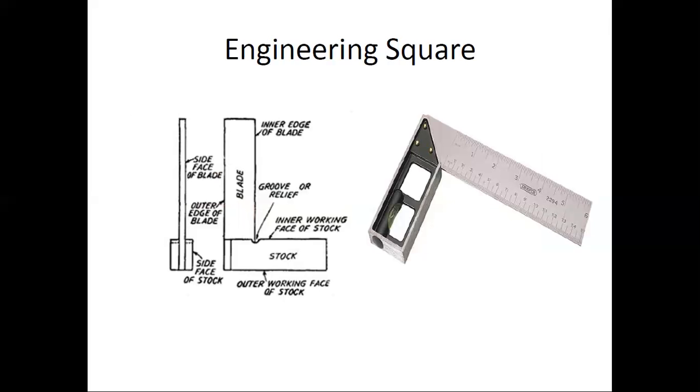This is the engineer's square. It helps you measure whether the side and face are at exactly a 90-degree angle, or the exact verticality of the particular object. Like this is a stock, this particular blade stock. Here, in this section, there is a liquid. So when this particular side is placed on the ground, the surface will be exactly horizontal, or exactly 90 degrees with this section.